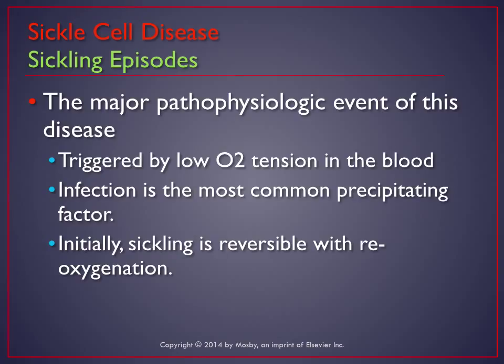In the beginning, the sickling of the cells is reversible with reoxygenation, but as time progresses, there is cell membrane damage from recurrent sickling, it becomes irreversible, and it's difficult to get over the sickling episode.